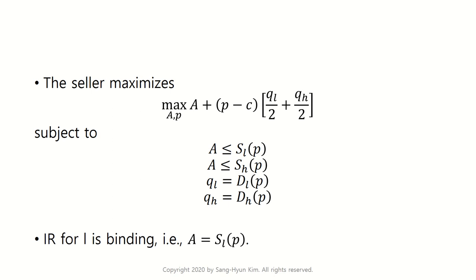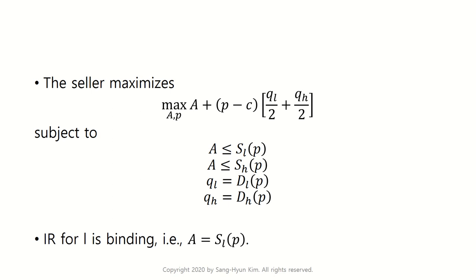So these demand functions can be understood as IC constraints because they mean basically the same thing. It just shows how these consumers or workers will respond to the given contract or pricing scheme. So the first two conditions are IR constraints, and the last two equations are the IC constraints.